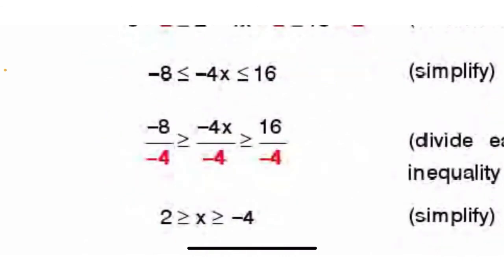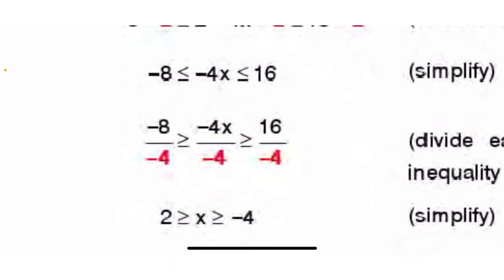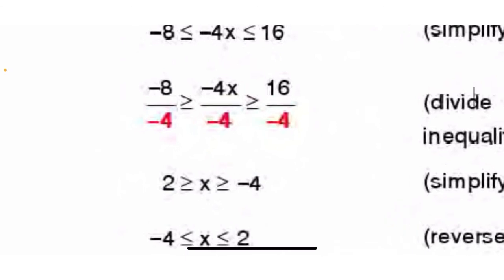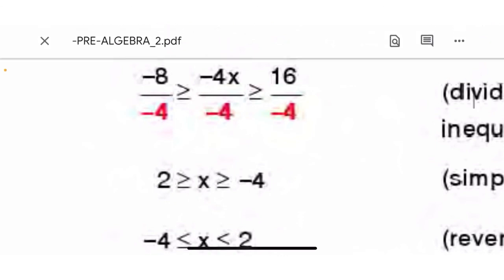Now we have to get rid of negative 4. In order to do that, we divide all sides by negative 4. So we got negative 8 over negative 4 gives us 2. 2 is greater than or equal to x is greater than or equal to negative 4.